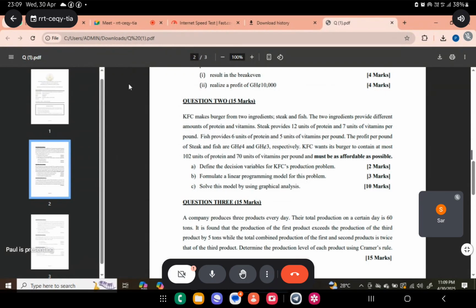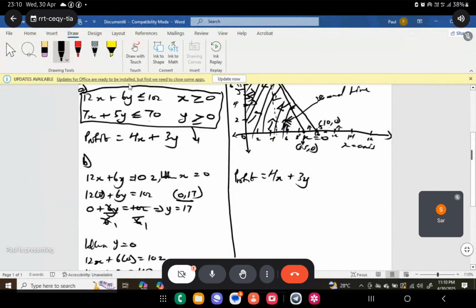So here it says that KFC wants its burger to contain at most 102 units of proteins, 70 units of vitamins per pound, and must be as affordable as possible. So if they want affordability, it means that they are not interested in profits. If they want it to be profitable, that's when they want it to be expensive. So as affordable as possible would lead to the least profit. So they want you to find the least profit.